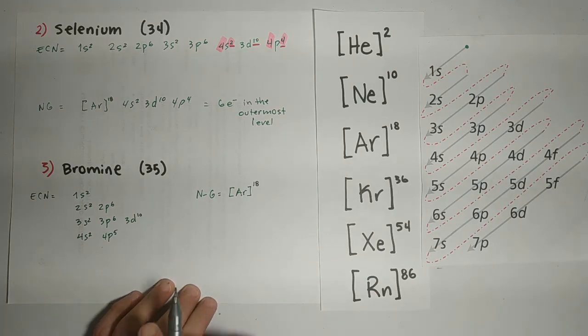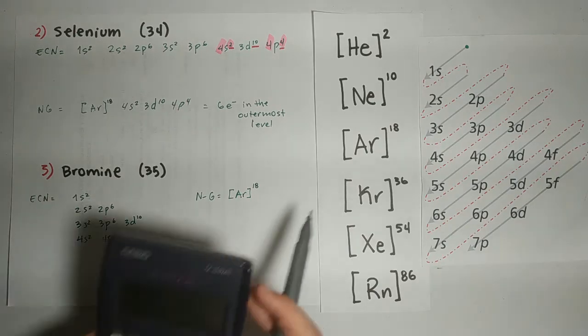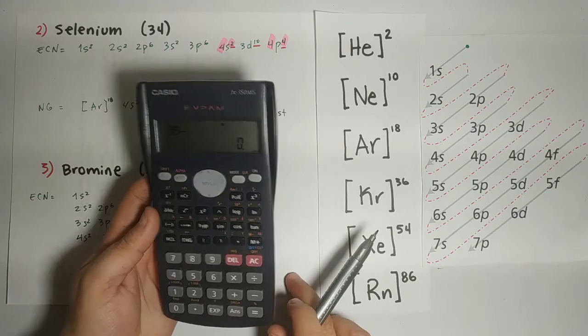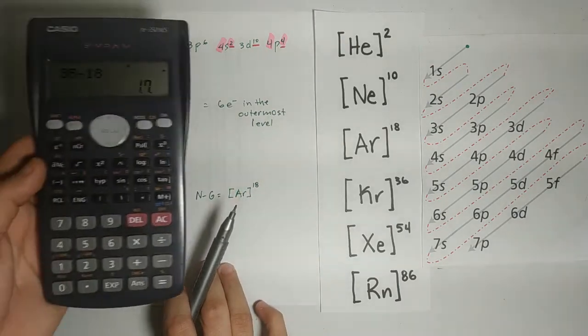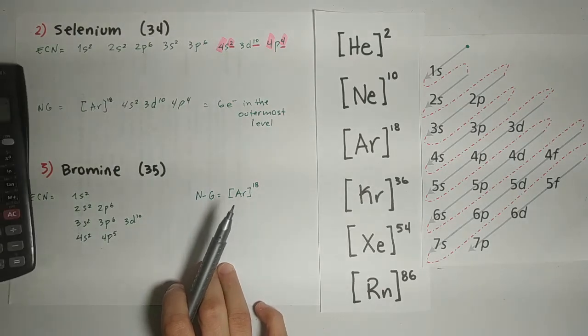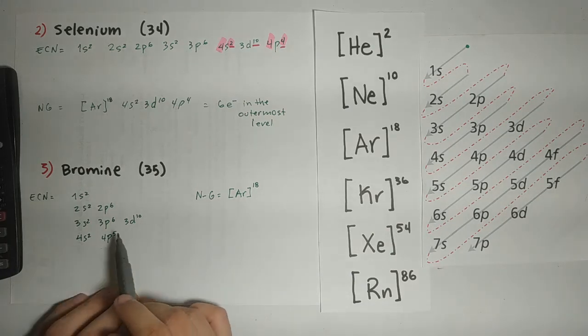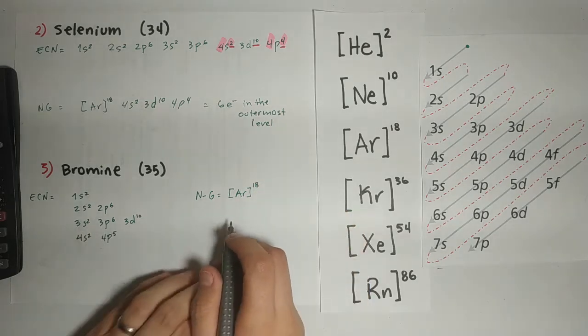So how many electrons do I need to have 35? 35, which is bromine's number, minus 18 of argon, I need 17. And if you take a look, 17 are the last 3 sublevels that I brought over here: 3d10, 4p5, and 4s2.